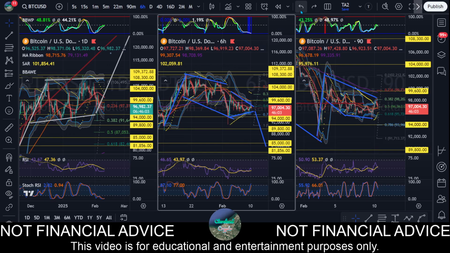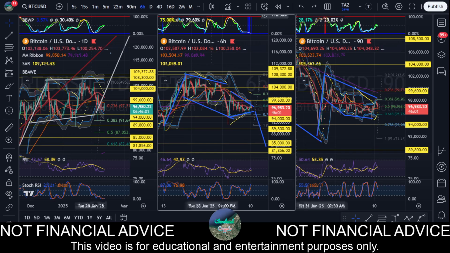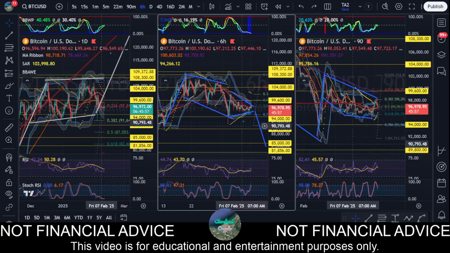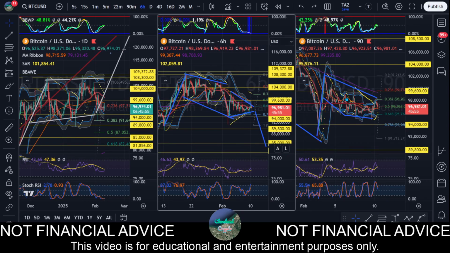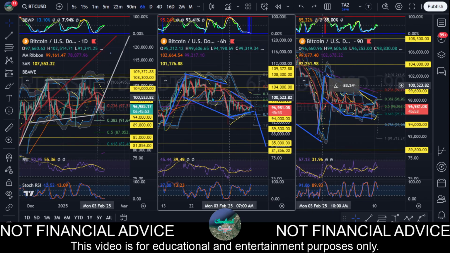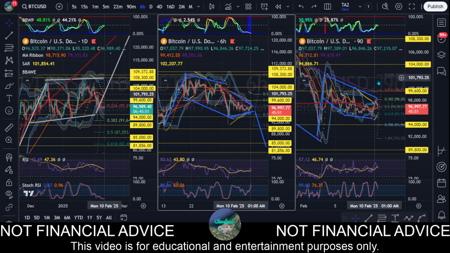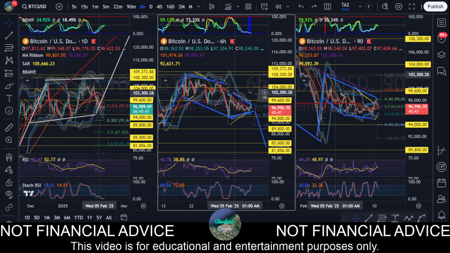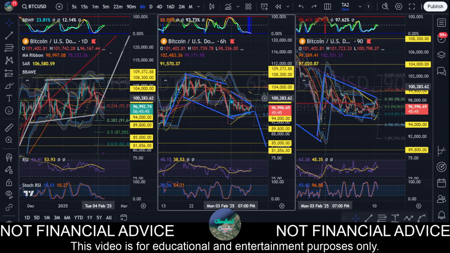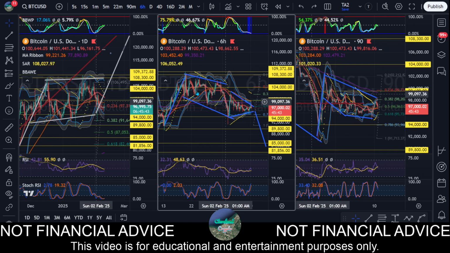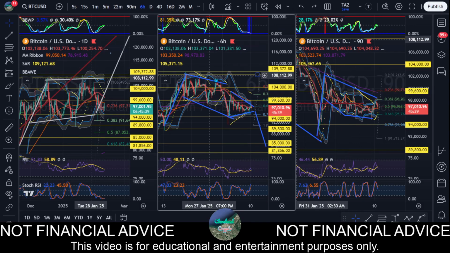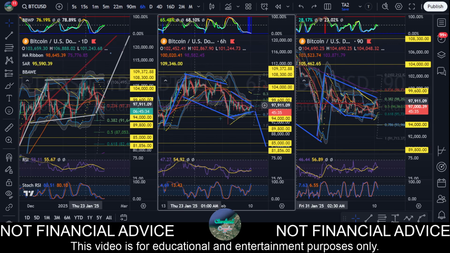We will rise together. All right. But yeah, so the same measured move from the symmetrical triangle to the upside, if it goes to the upside, is 105. 105 would be great because that would put in a new higher high over this last one and change this downward trend that we're seeing with the lower highs and lower lows.